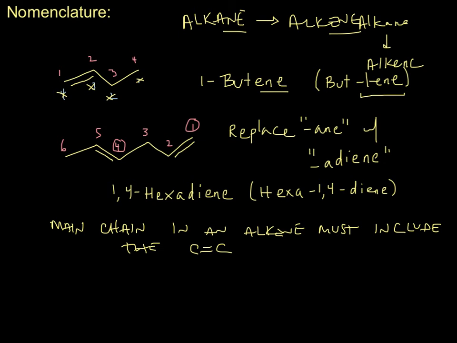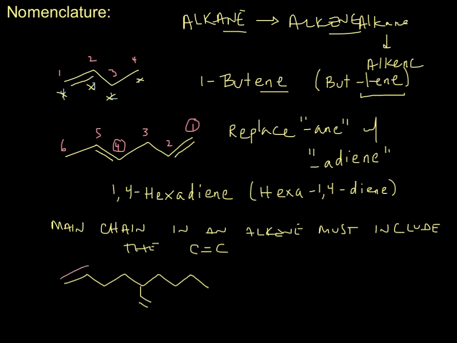So I'll give you an example for this. If you've got a 1, 2, 3, 4, 5, 6, 7, 8, 9 carbon chain, you've got a little 2 carbon fragment down here with the double bond, then the longest continuous carbon chain here would be 1, 2, 3, 4, 5, 6, 7, 8, 9. But since your main chain, which we define the naming off of, has to include that alkene, then actually our longest chain would be 1, 2, 3, 4, 5, 6, 7.